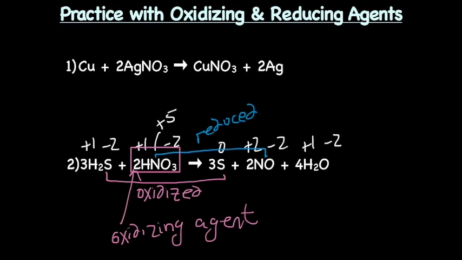And nitrogen was reduced from the reactant side to the product side, meaning nitrogen gained electrons. Where did nitrogen get those electrons? Well, from the sulfur in the H2S, of course. So our reducing agent is going to be H2S.